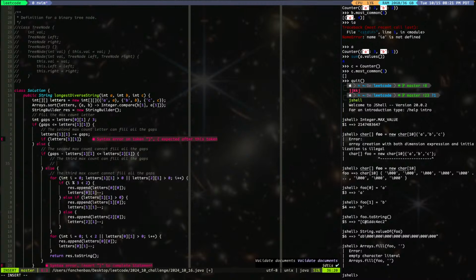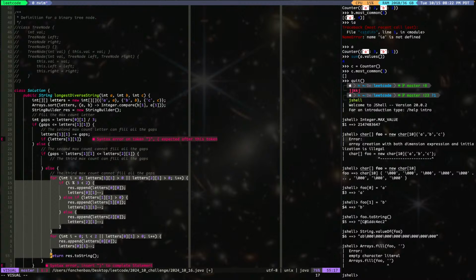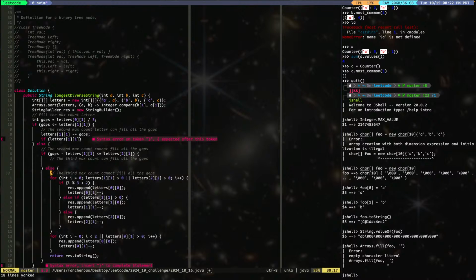So this situation is the third max can fill all the gaps. Second max cannot fill, so I can actually do that. And the third max can fill all the gaps, which means I think I can copy and paste this entire thing. Right, I can copy and paste this entire thing, but we need to do a little bit of tweaking.